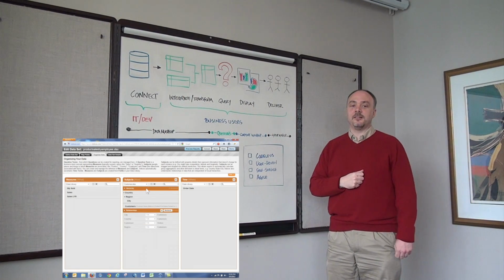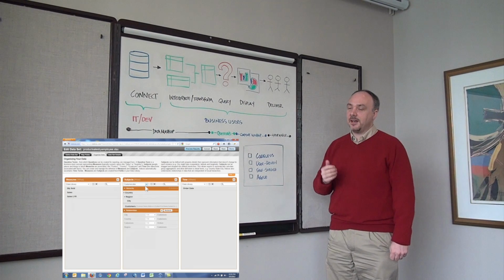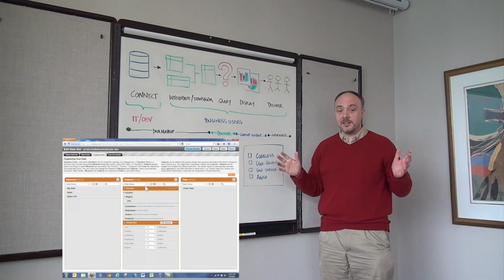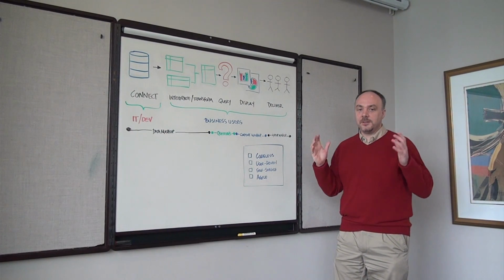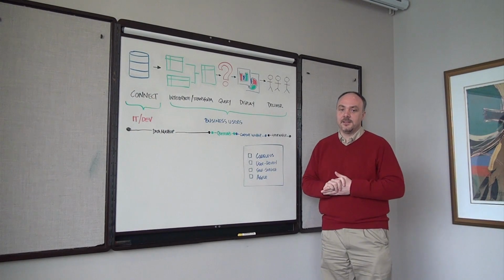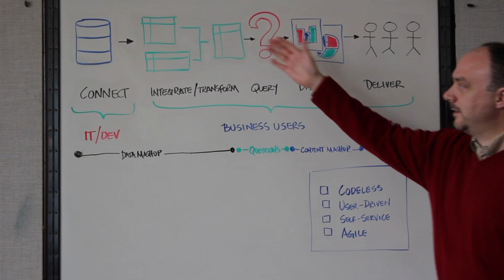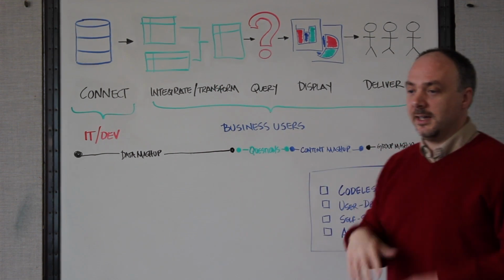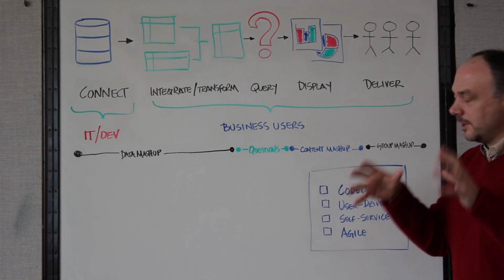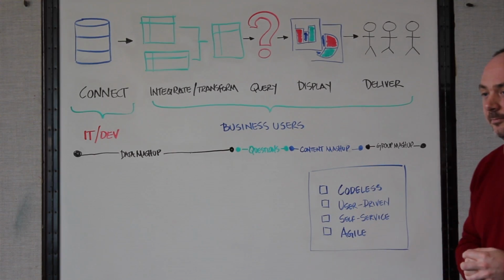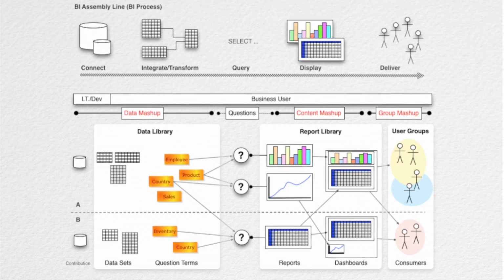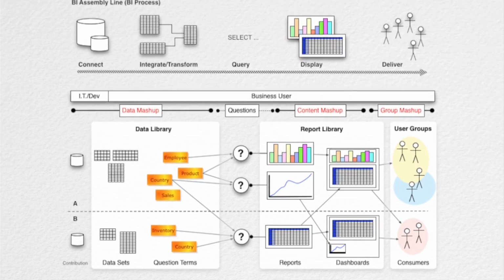So this is another kind of mashing up that's possible in Indicee, a data mashup or a data federation. All the usable and shareable data sets live within the aforementioned data library. That includes any data that you've owned or is shared to you and any question terms that you've created on that data.